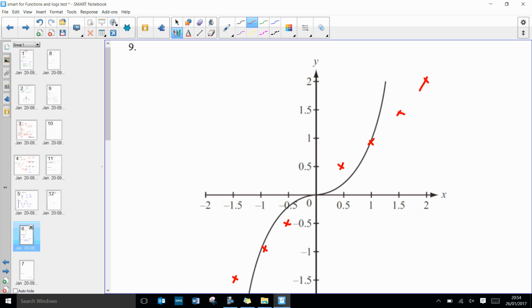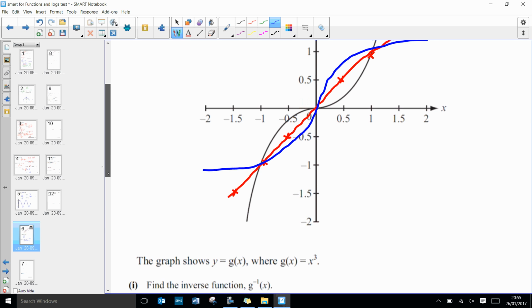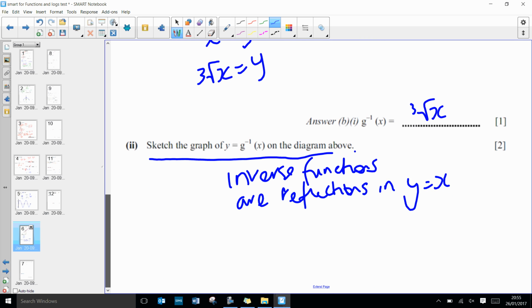Okay, so there is our line, obviously you'd use a ruler for that if you wanted to, to make it look better. And then we are reflecting in there. Oh, it's a bit dodgy, but hopefully yours will be better than that.